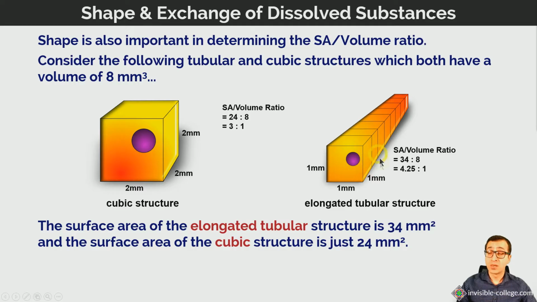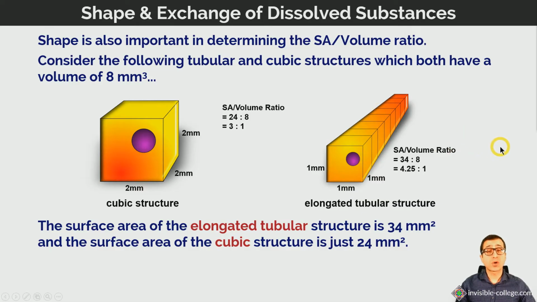So this gives us a total surface area of 34 square millimeters. We still have a total volume of 8. So we can see here that we've gone from a surface area to volume ratio of 3:1 for a cuboidal structure with this volume to a surface area to volume ratio of 4.25:1 for this lengthened, elongated tubular structure.